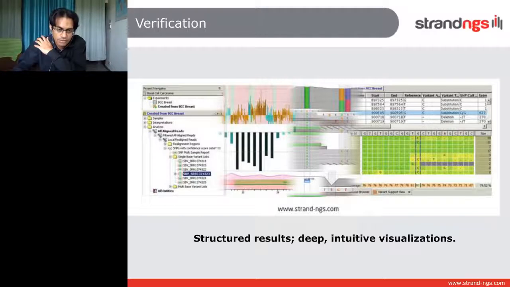And the structure is exactly what you would expect from a DNA-seq experiment, where alignment is followed by sorting, followed by some kind of removal of duplicates, or maybe local realignment, and so on. So you see that hierarchy here as you traverse the list. These aspects make verification much, much simpler than they would otherwise have been if you were just looking at a file on a file system.